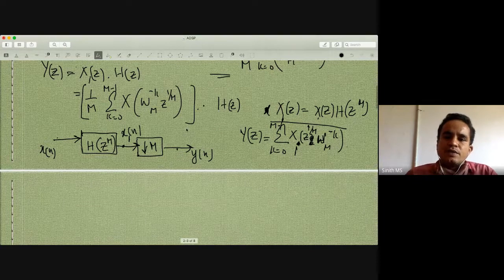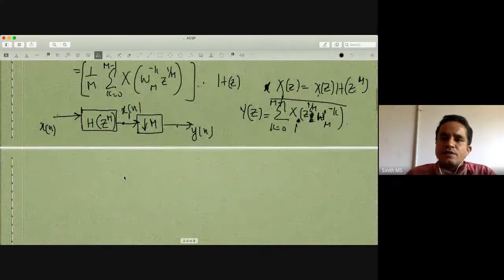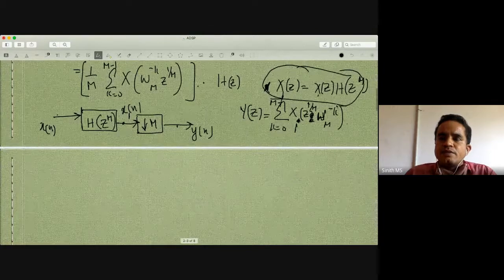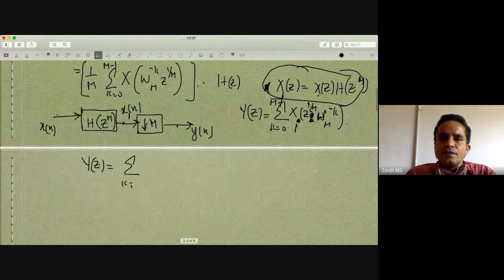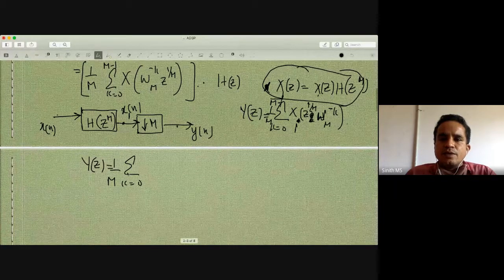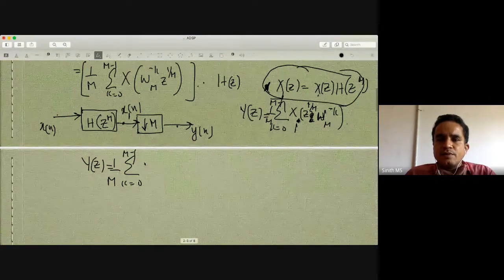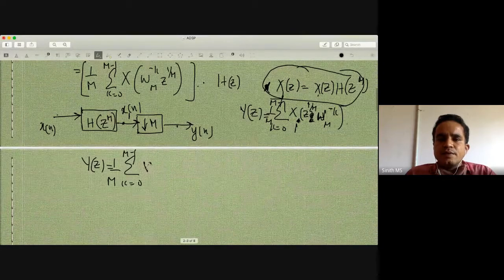This is what Y(z) should be. So if you replace X1(z) with X(z) into H(z raised to m), Y(z) becomes 1 by m, sigma k equal to 0 to m minus 1.